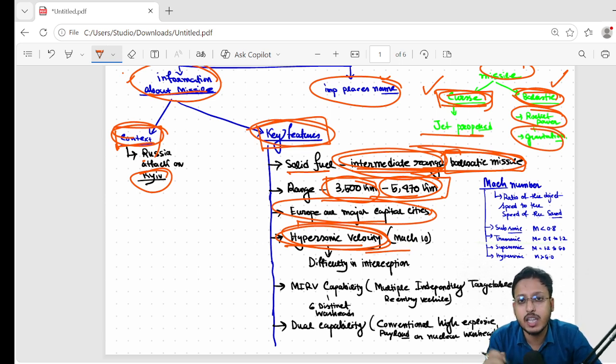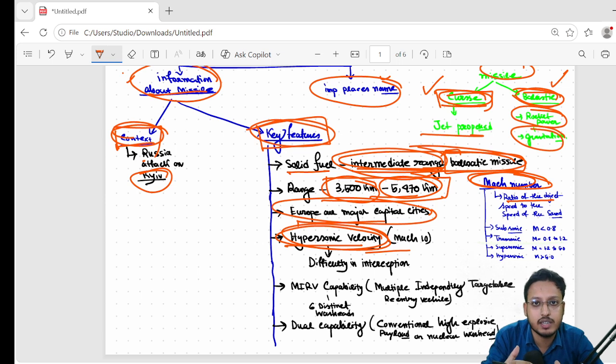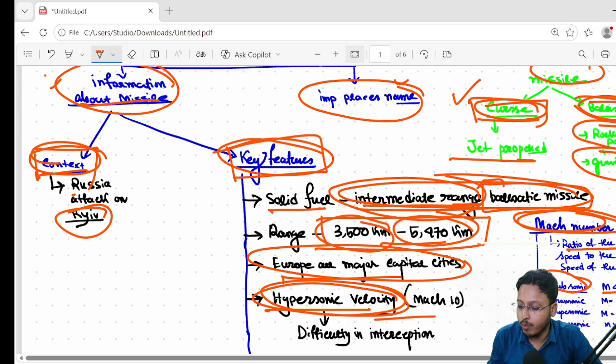In this context, you have to understand the meaning of hypersonic. But before that, there's a concept called Mach number. What is Mach number? It is the ratio of the object's speed to the speed of sound. If the Mach number is below 0.8, it is called subsonic. If it is more than 0.8 but within 1.2, it is transonic, and from 1.2 to 5.0 it becomes supersonic.